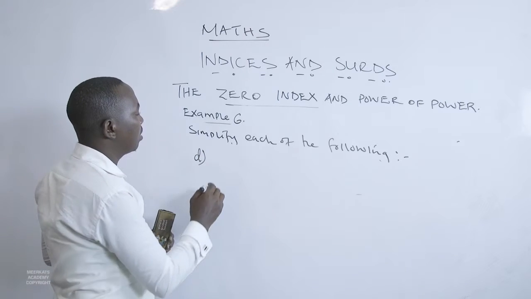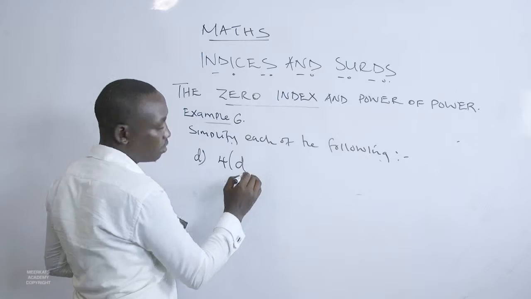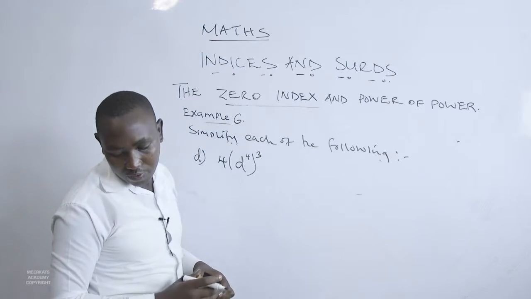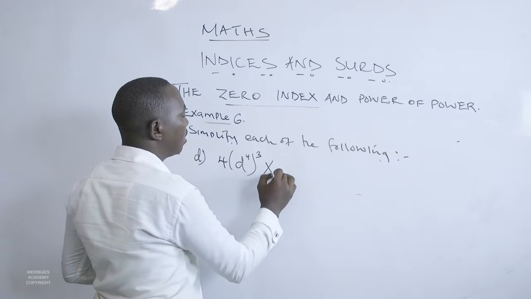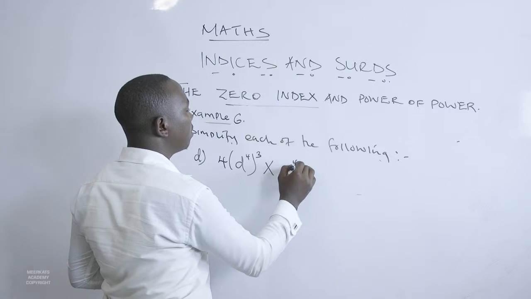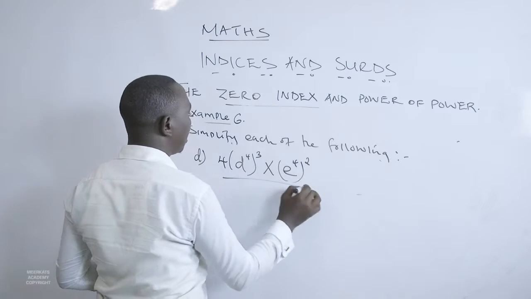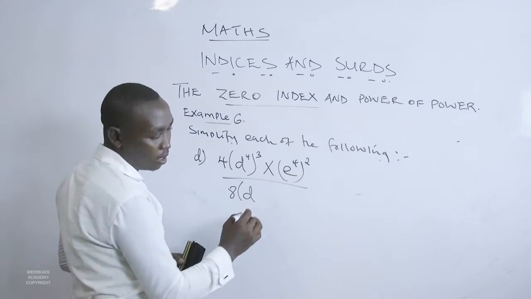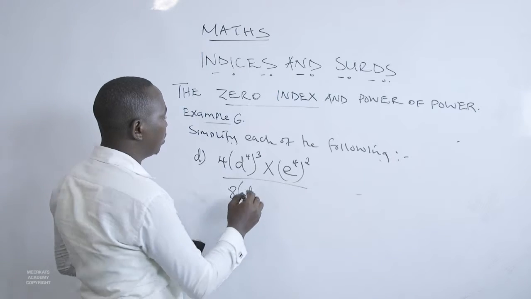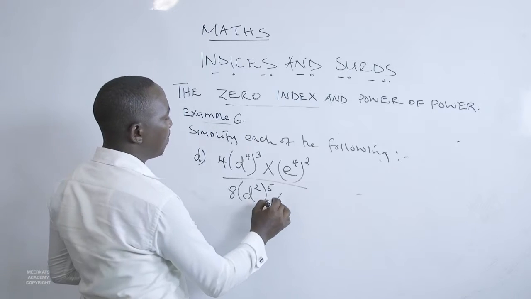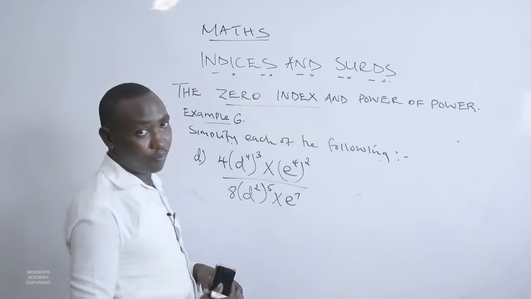Part D, we have 4 d raised to 4, the whole of it raised to 3, times e raised to 4, the whole of it raised to 2, divided by 8 into d raised to 2, the whole of it raised to 5, times e raised to 7.